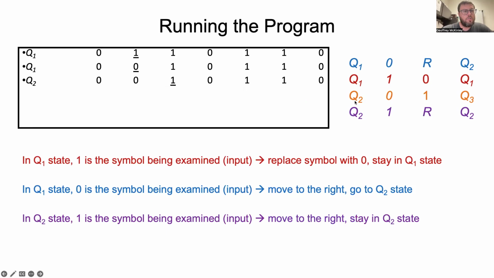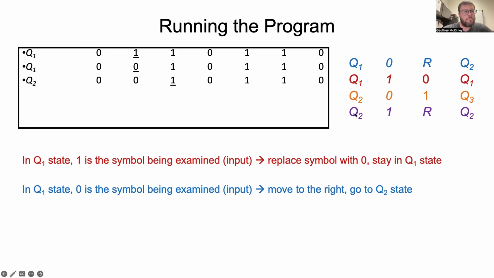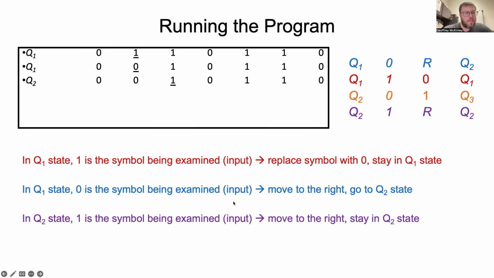So when we're in the Q2 state and the input is one, which is exactly what is symbolized by this row, the action is to go right and then stay in the Q2 state. So we go right, and now our input is zero.